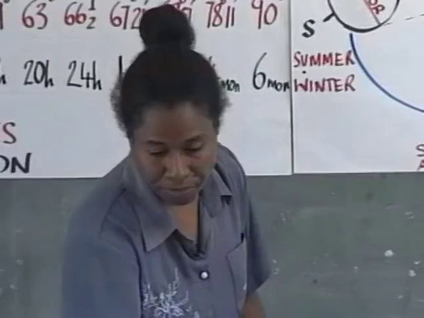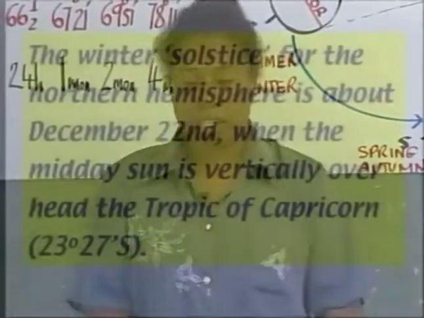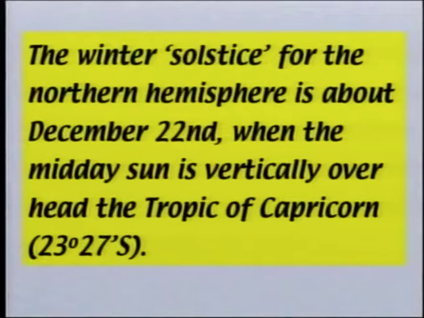Okay, we move on. The winter solstices for the northern hemisphere is about December the 22nd, when the midday sun is vertically overhead the Tropic of Capricorn, which is at 23 degrees and 27 minutes to the south. In other words, when the sun is 23 degrees and 27 minutes to the south, then it will be winter in the northern hemisphere.